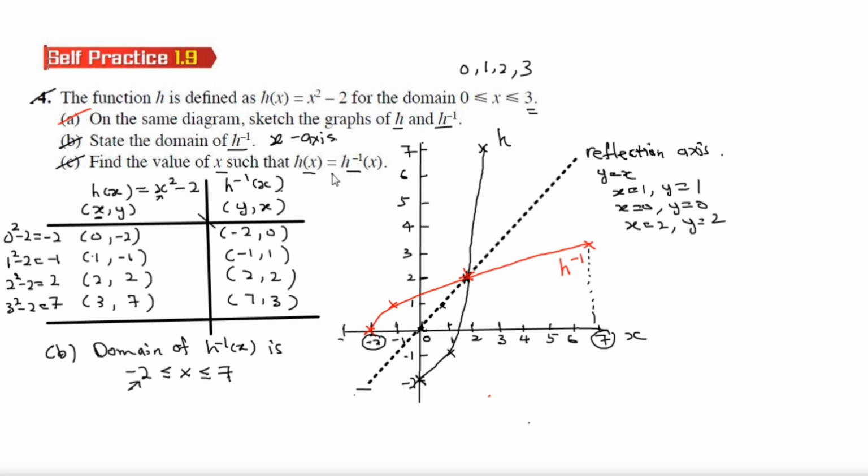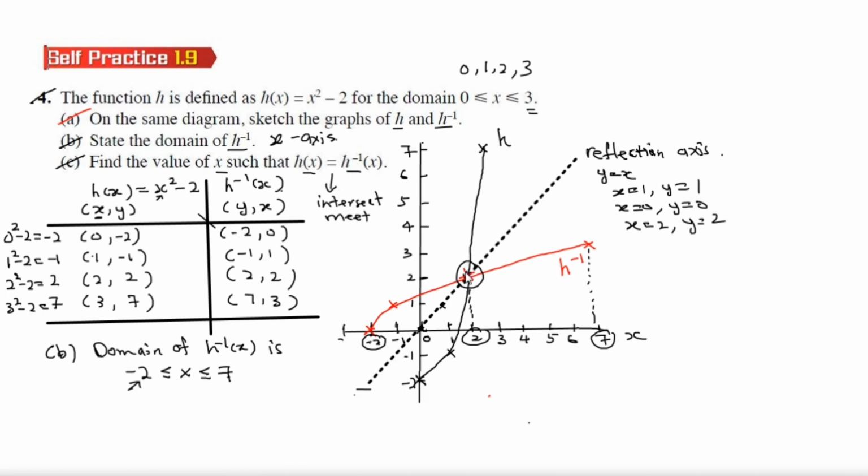Equal means they meet, where they intersect. Where these two curves, these two functions, meet each other. Where do the curves h and h inverse meet? They meet here. So we need to find this point. Actually we have already found it, it is 2, 2, they meet here. But how do we calculate this value?